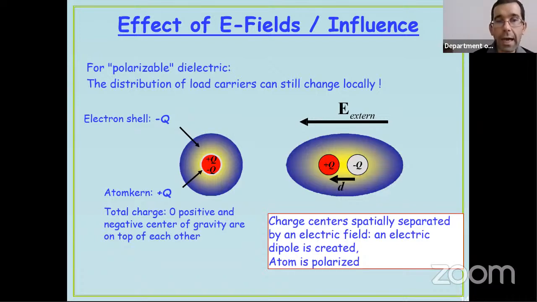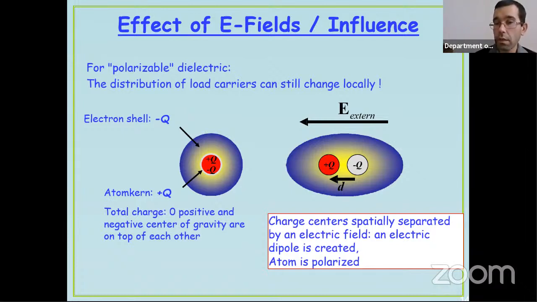What happens if we have a dielectric object? Dielectrics are objects that do not carry current easily. They can be polarized. It means that although the charge carriers cannot move as freely as in metals, they can move a little bit within the object.